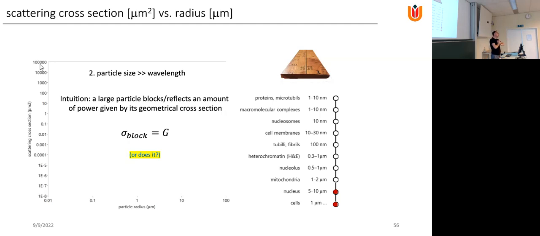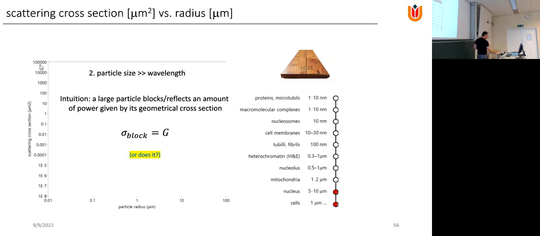Maybe it reflects the light or it absorbs. What's absorbed is gone, but what is reflected is also gone. So you would say the cross section for blocking or scattering is equal to the geometric size.